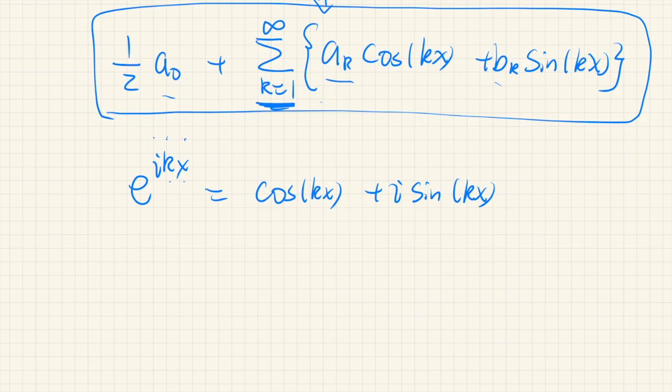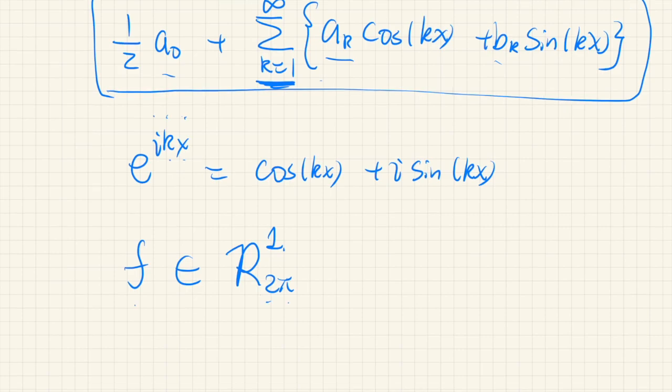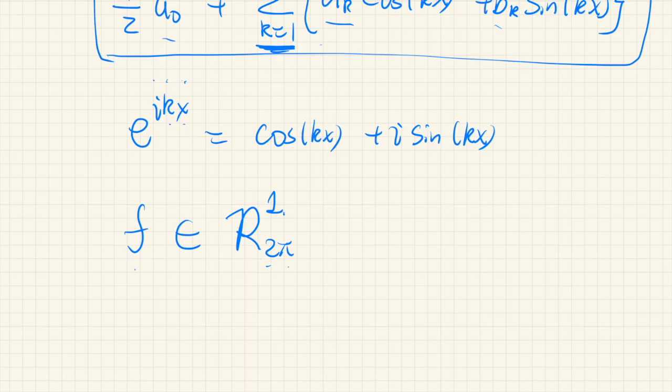Now, suppose we have a function f that belongs to R_{2π,1}. So that is a periodic function with period of 2π that is absolutely integrable. In this case, the complex Fourier coefficient c_k is defined as 1 over 2π integral from negative π to π.